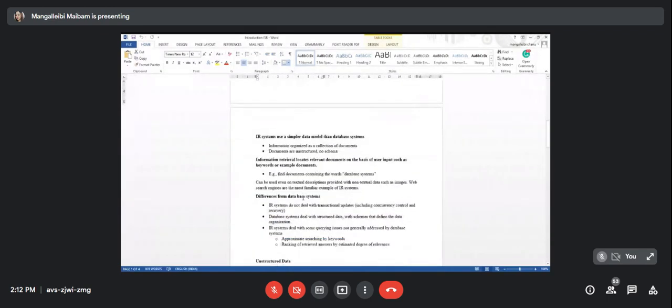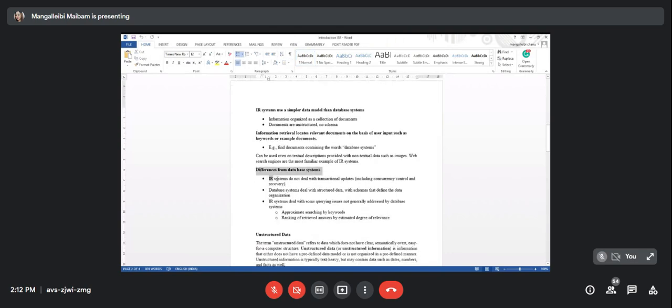Now, what is the difference between information retrieval systems and database systems? That is given in this part, differences from database systems.